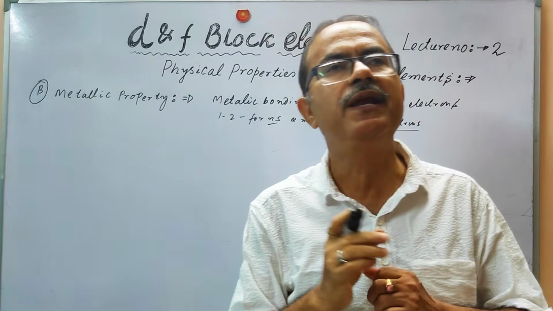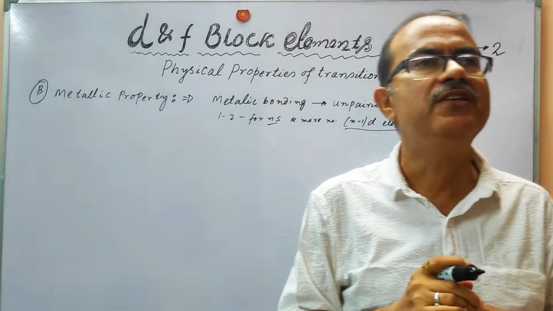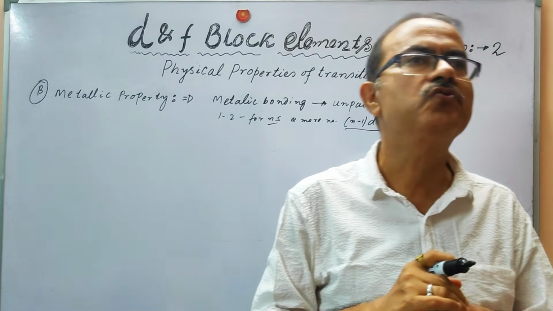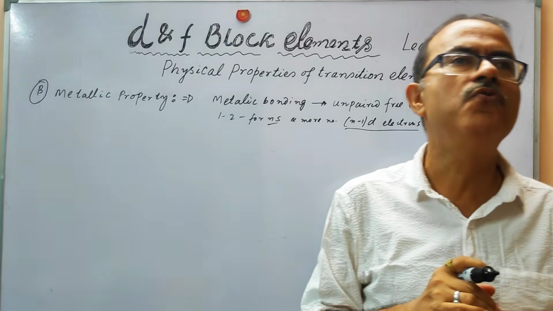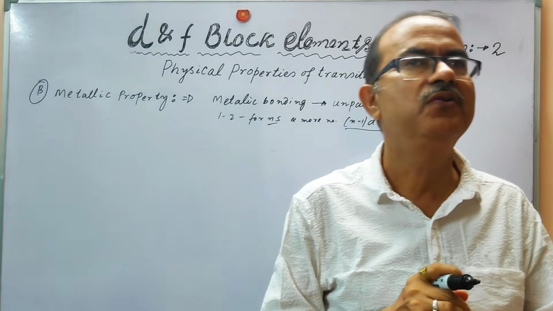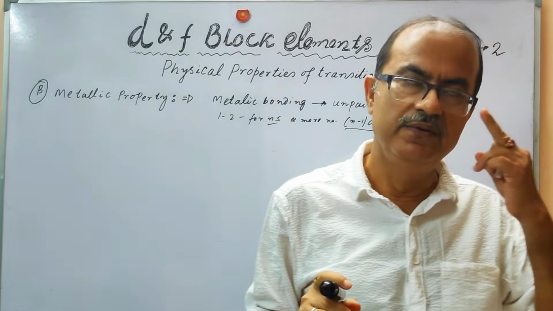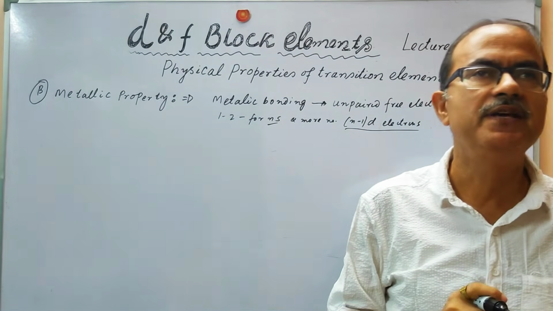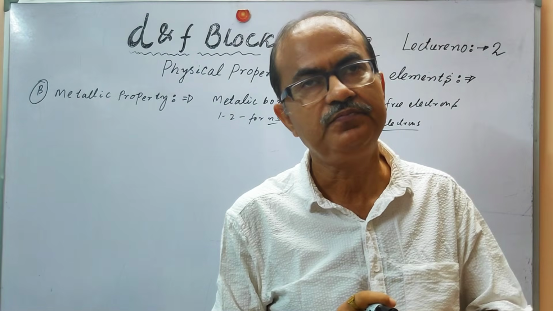There is strong metallic bonding in the transition elements, and that is why they are more metallic as compared to the other representative elements in the periodic table.